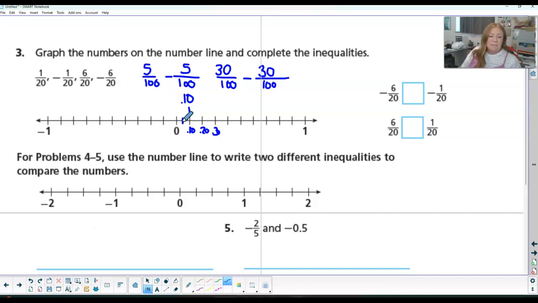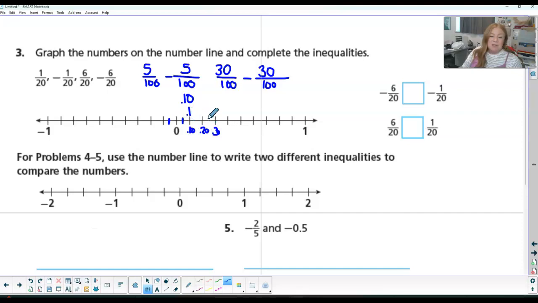Then, which was this one, we have the opposite of that. It's just going to be on the other side of 0, 5 hundredths. So it'd be 5, 10. So each of these is half. 15, 20, 25, 30. So we've marked this one and this one.